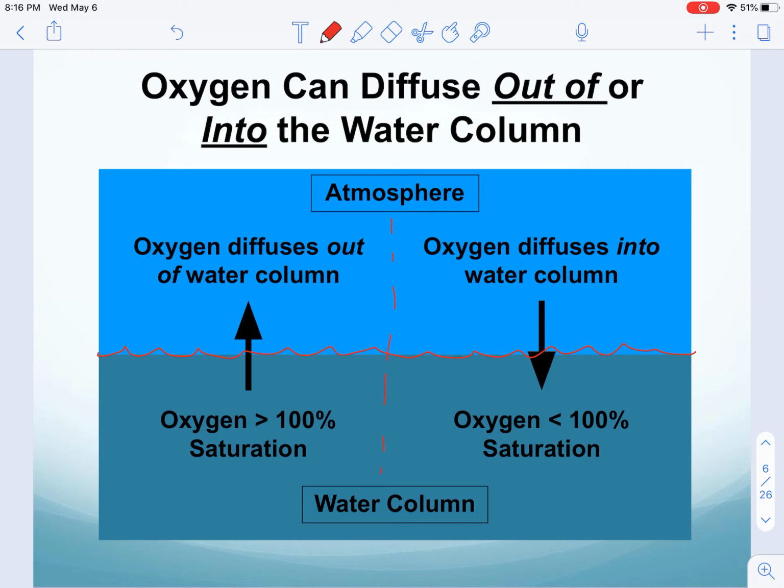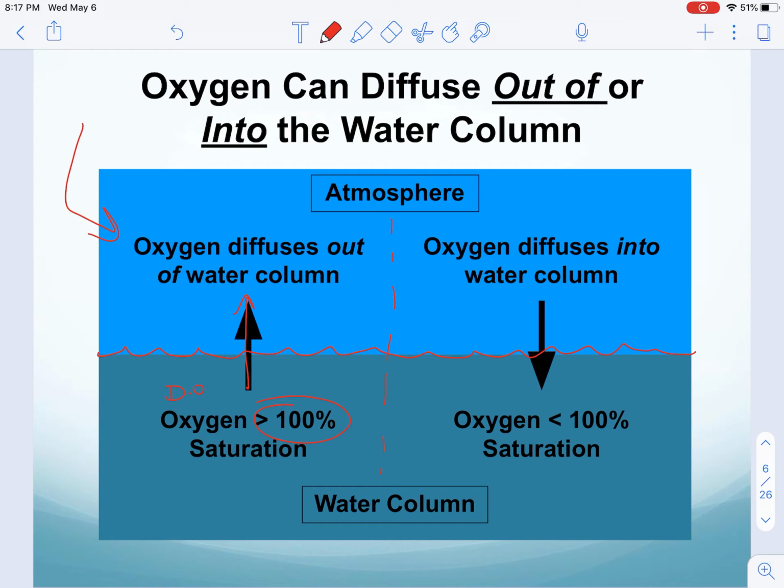So over here on the left-hand side, we see a situation where that dissolved oxygen is leaving the water column because the saturation rate is so high. Okay, there's more than enough dissolved oxygen in the water. There's less of it in the atmosphere, so it is going to try to even things out and diffuse it into the air.